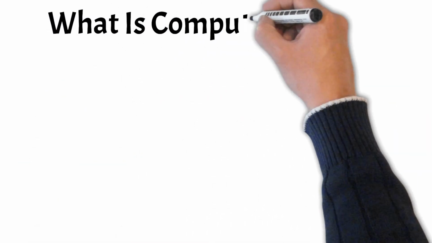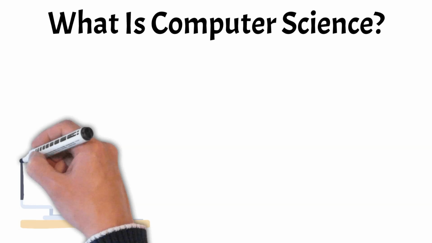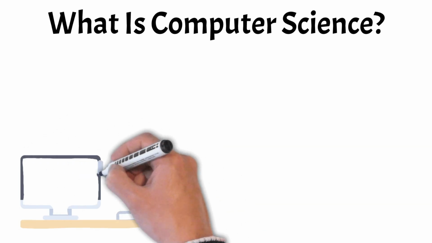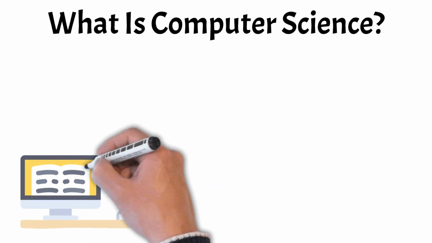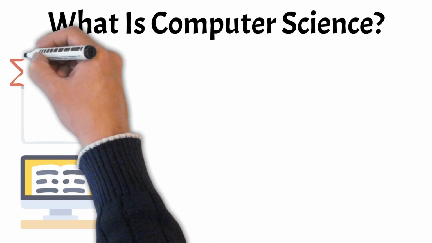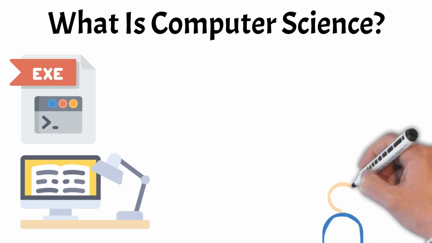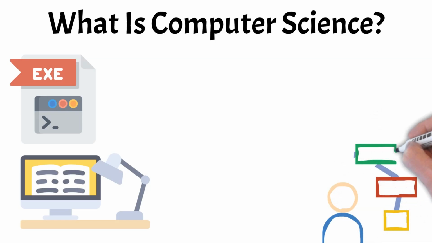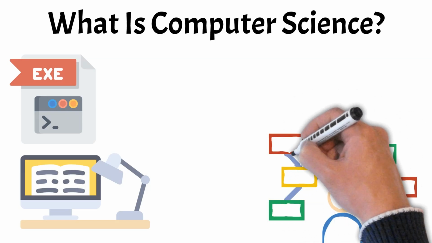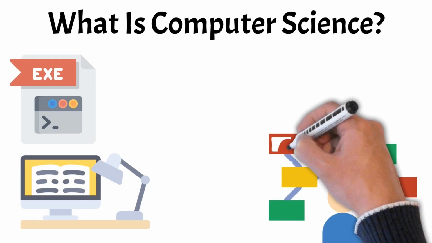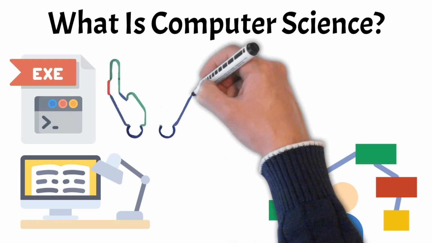Computer science is the study of computation, algorithms, and information processing. It explores how computers work, how they solve problems, and how they can be programmed to perform complex tasks efficiently. At its core, computer science involves designing software, developing algorithms, managing data, and understanding the underlying hardware that powers digital systems.